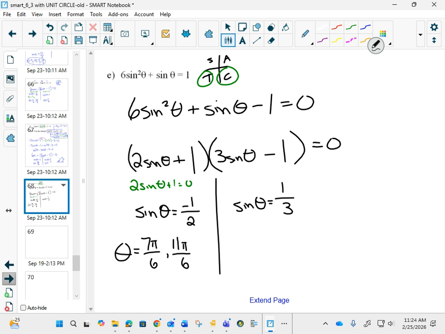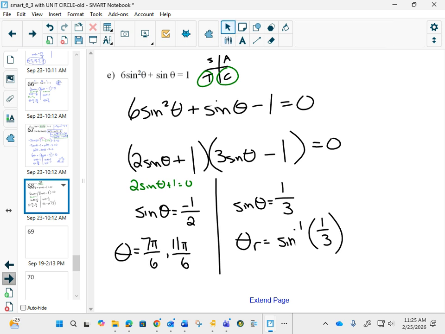This one, 1/3, is not on your pi plate. So what we need to do is find our reference angle, and we do it just like we would have in grade 11. In grade 11, you normally don't write this step, but that's what you're going to type into your calculator.